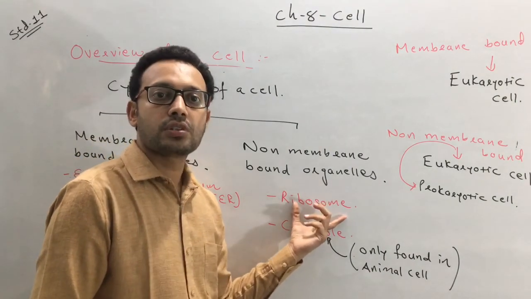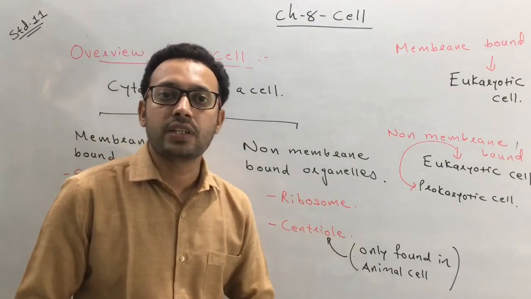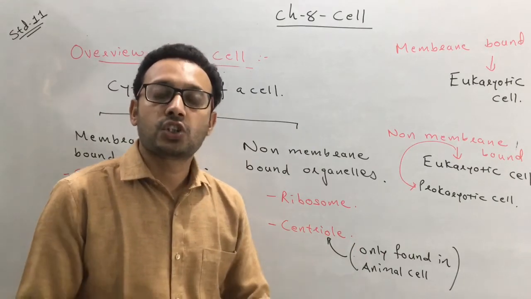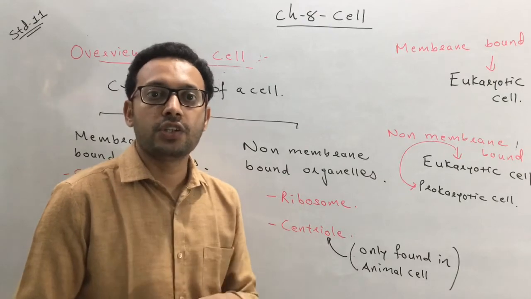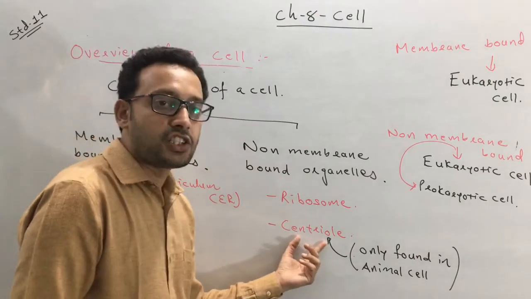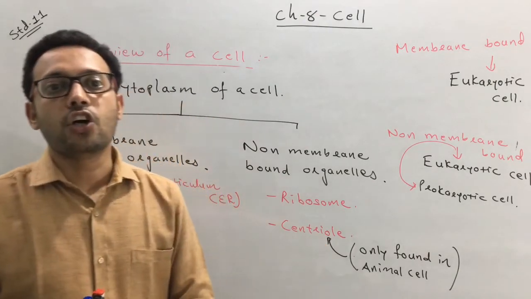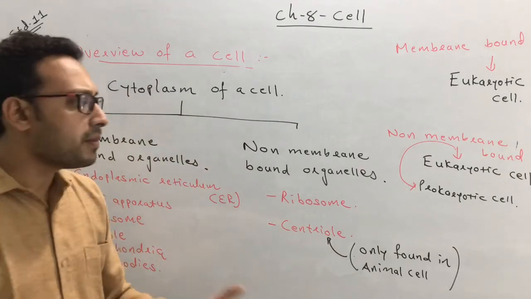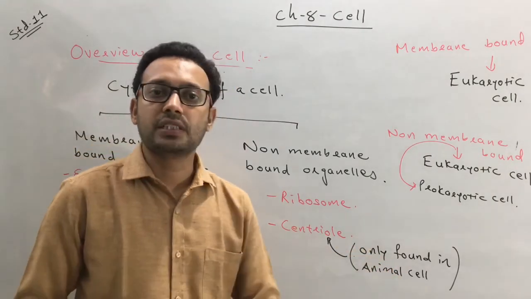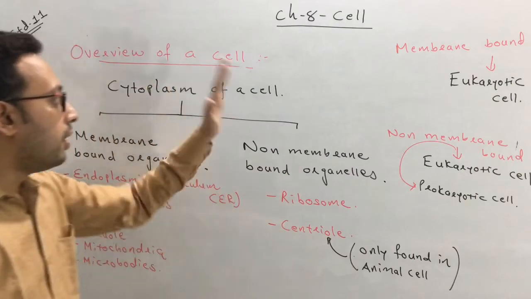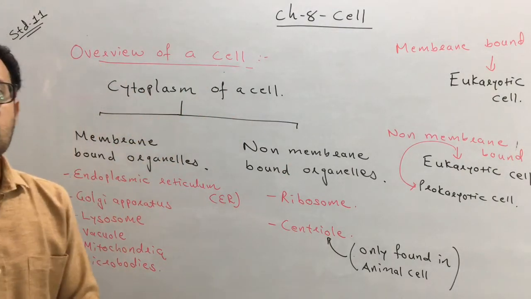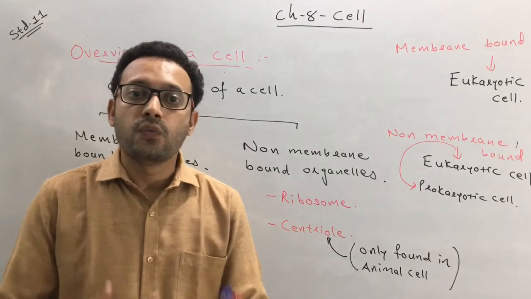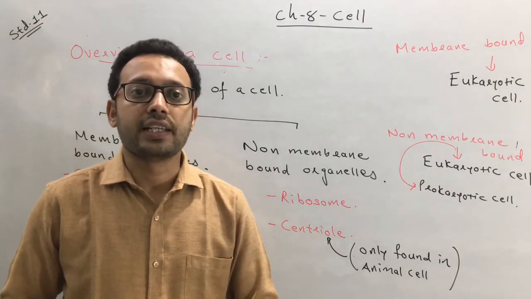First, ribosomes, usually found in the cytoplasm, but also in the boundary of chloroplast and mitochondria. Second is the centriole, only found in animal cells. So that's all about which organelles the cytoplasm contains.